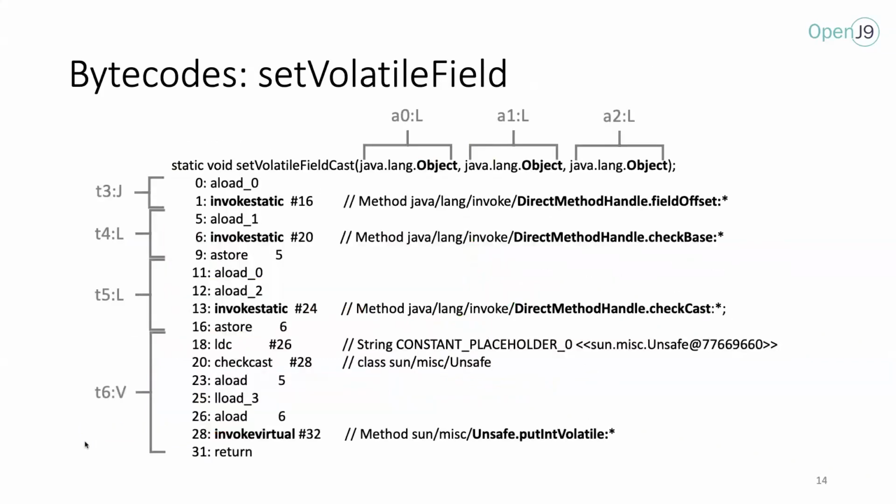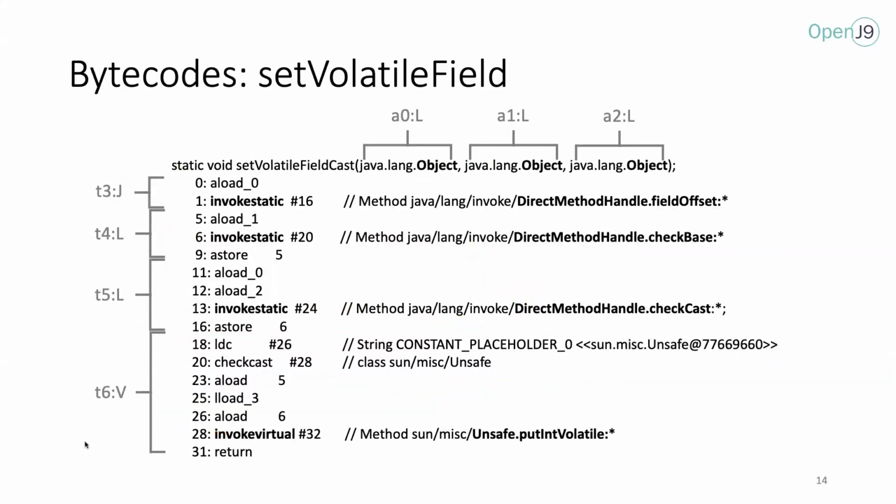From a Lambda form, we get bytecodes, and these bytecodes correspond to the Lambda form which was shown in the previous slide. The 3 input arguments are annotated at the top, and the 4 temporary expressions T3, T4, T5, and T6 are associated on the side.